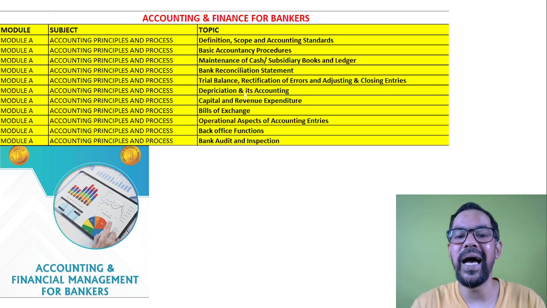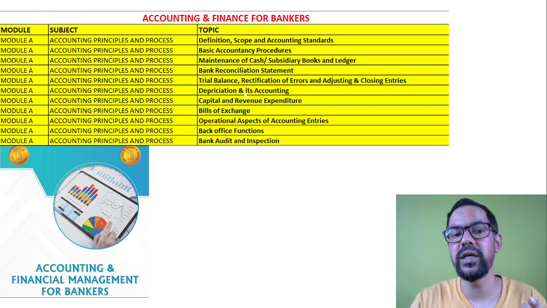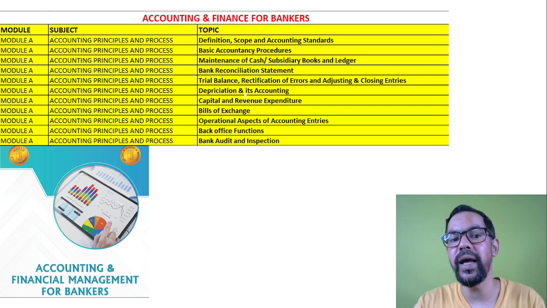We have capital and revenue expenditure, bill of exchange, operational aspects of accounting entries, back office function, and bank audit and inspections. These are the topics you need to cover in module A, which is accounting principle and process.